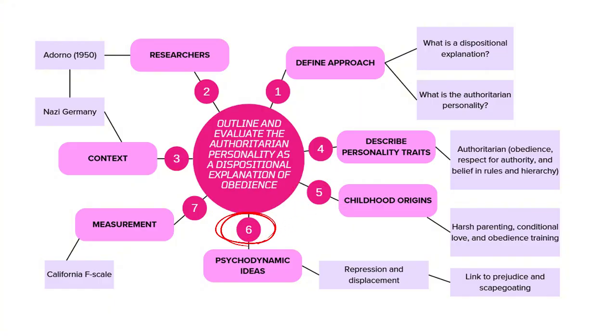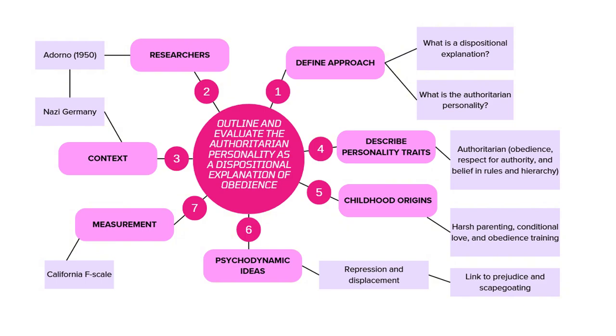Sixth, explain the psychodynamic ideas: repression and displacement, and how they link to prejudice and scapegoating. Finally, explain how it is measured using the California F scale. Remember, this is only worth about 6 marks, so you do not need huge detail, just clear, accurate explanation.